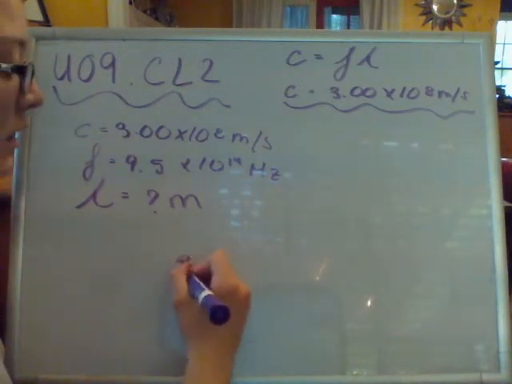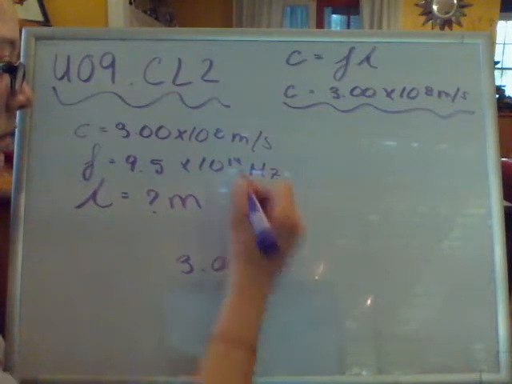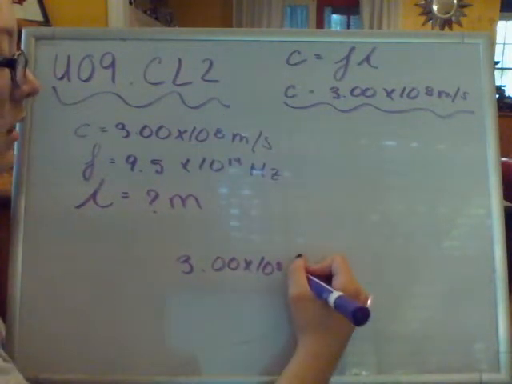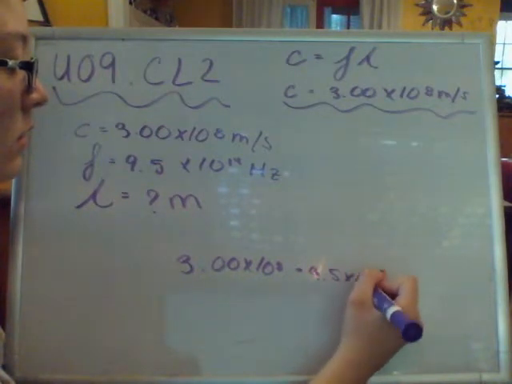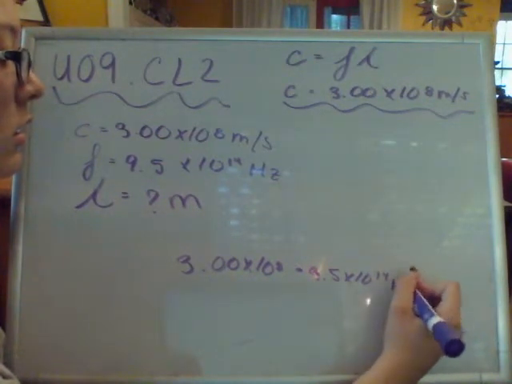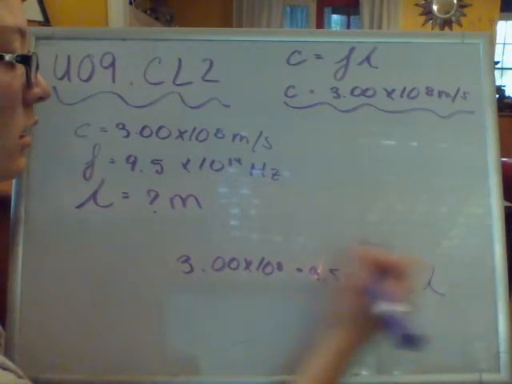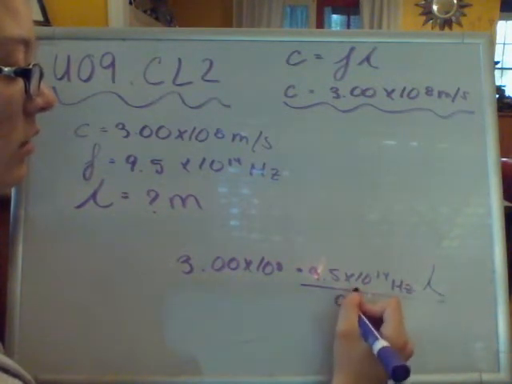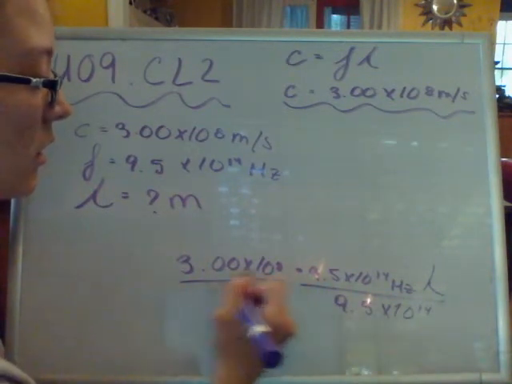So we just plug this in. 3.00 times 10 to the 8th is equal to 9.5 times 10 to the 14 hertz times lambda. And we're going to divide both sides by 9.5 times 10 to the 14.